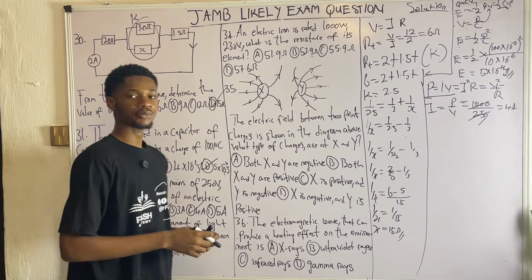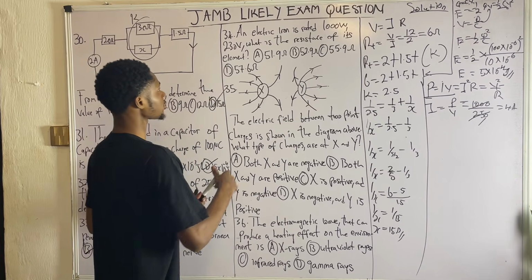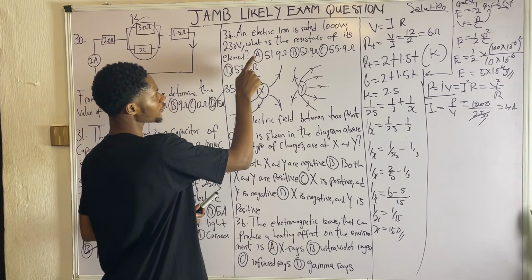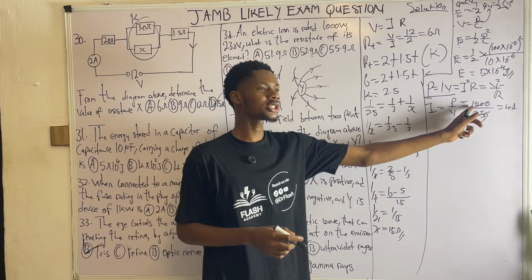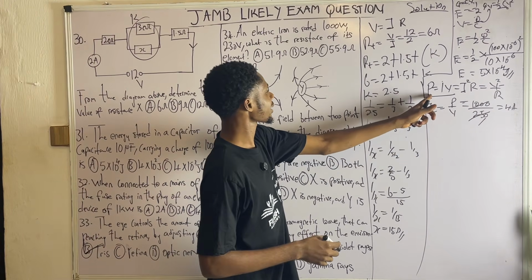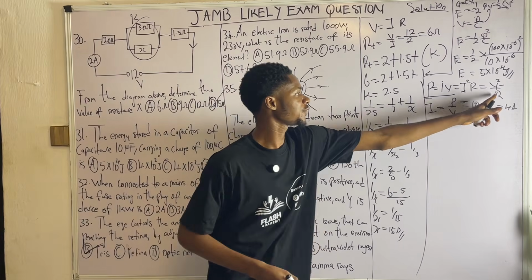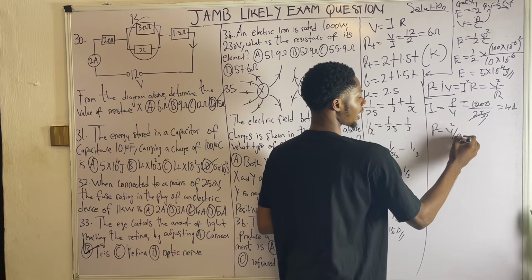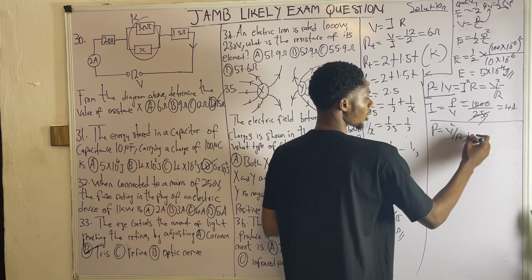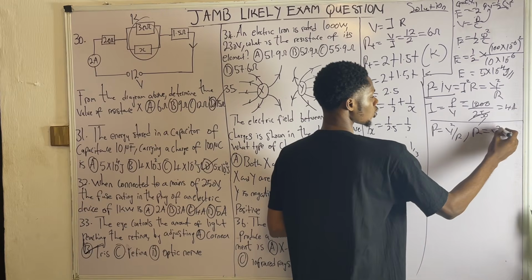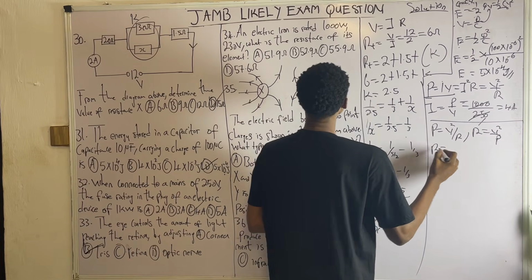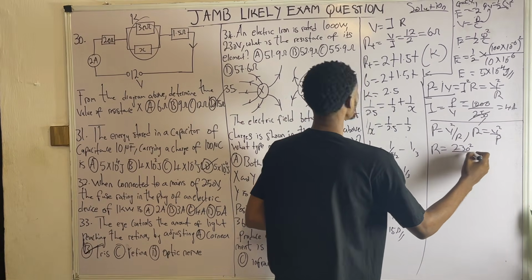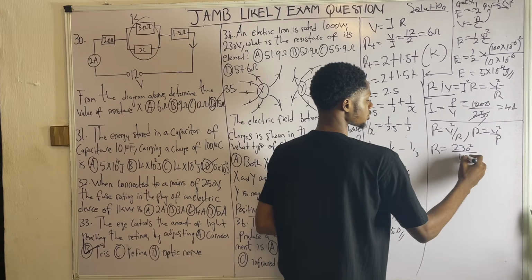Now, the next question is question 34. An electric iron is rated 1000 watts, 230 volts. What is the resistance of the element? We're still using the same formula. We are given power, 1000 watts, and 230 volts as V, and we want to calculate R. So P is equal to V squared over R, and R is equal to V squared over P. So R is equal to 230 squared over 1000.